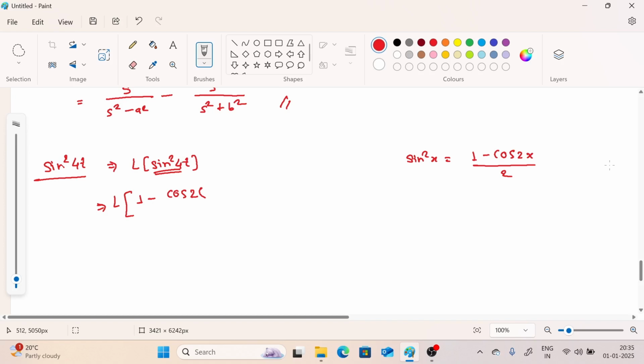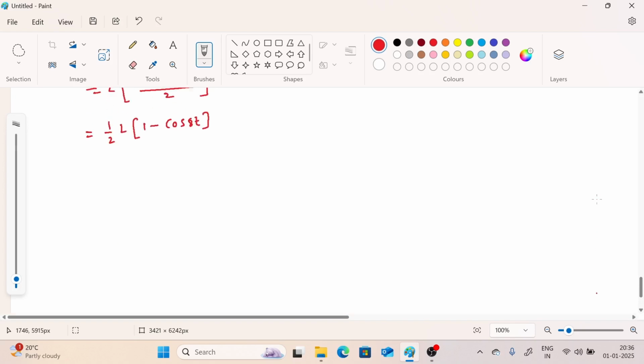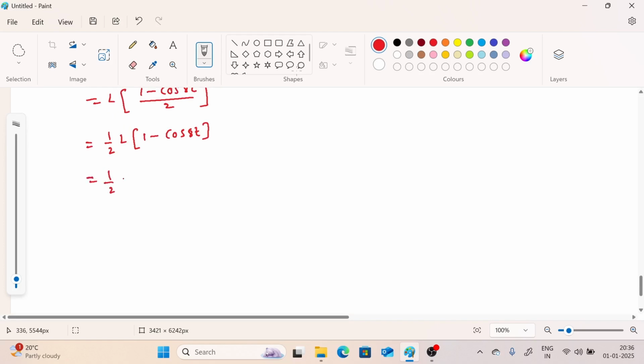Now here our x term is 4t, so we get Laplace of (1 minus cos of 2 into 4t) upon 2, which is equal to, taking 1 by 2 as a constant, 1 by 2 Laplace of (1 minus cos 8t).